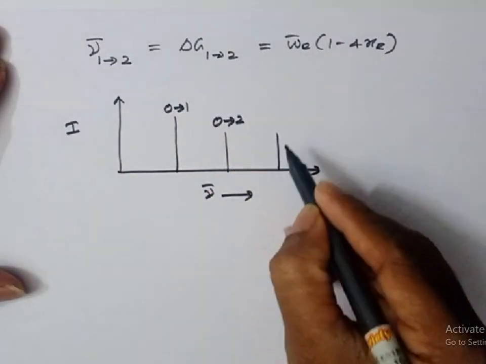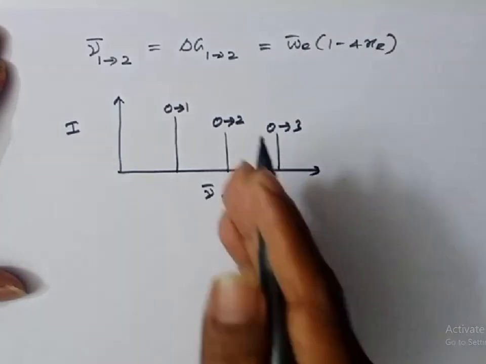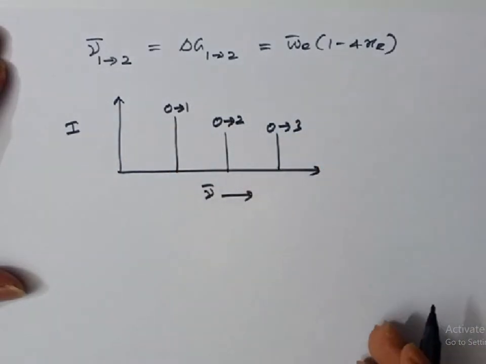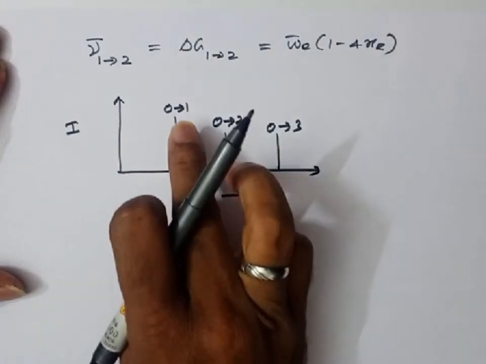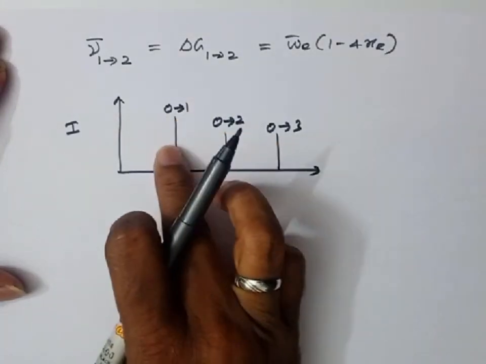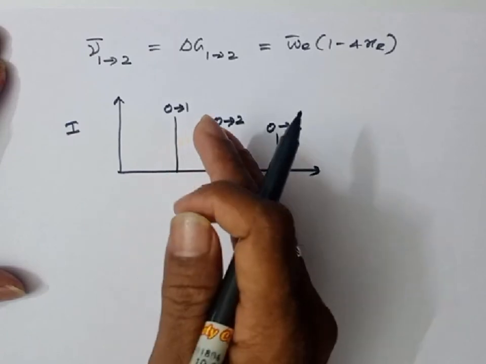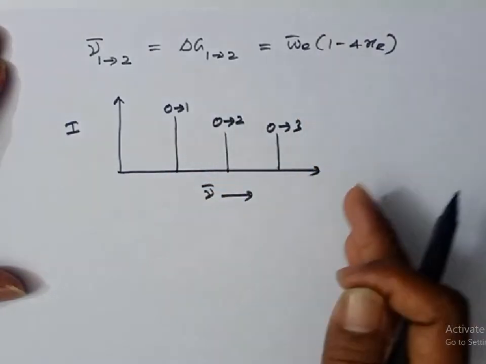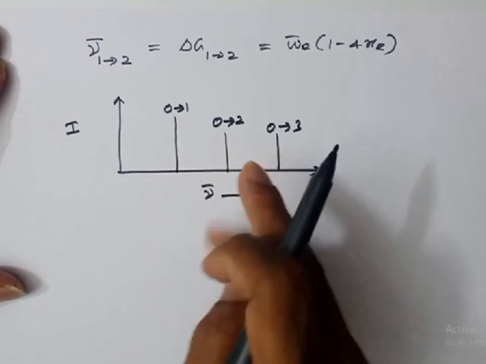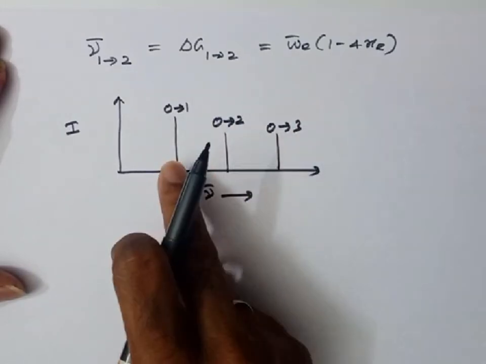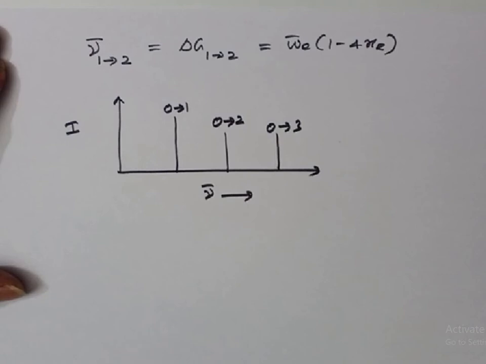Similarly, the second overtone transition will appear at 3 times the omega E bar. Like that it goes. So remember, overtone transitions appear on the higher frequency side of the fundamental transition.